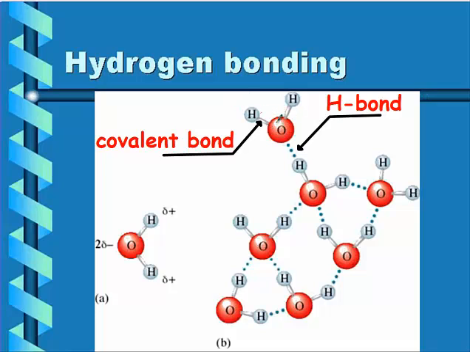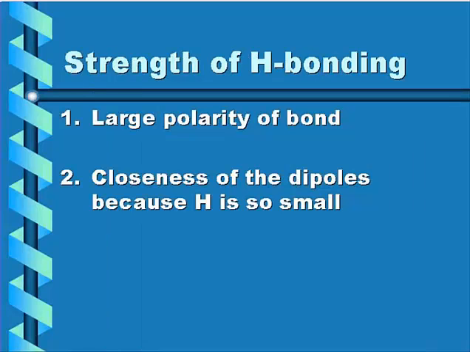The hydrogen-oxygen is a covalent bond. Hydrogen bonds are so strong compared to a dipole-dipole because of the polarity of the bond: nitrogen, oxygen, and fluorine are very electronegative, and because hydrogen is so small, the molecules are able to get close together.